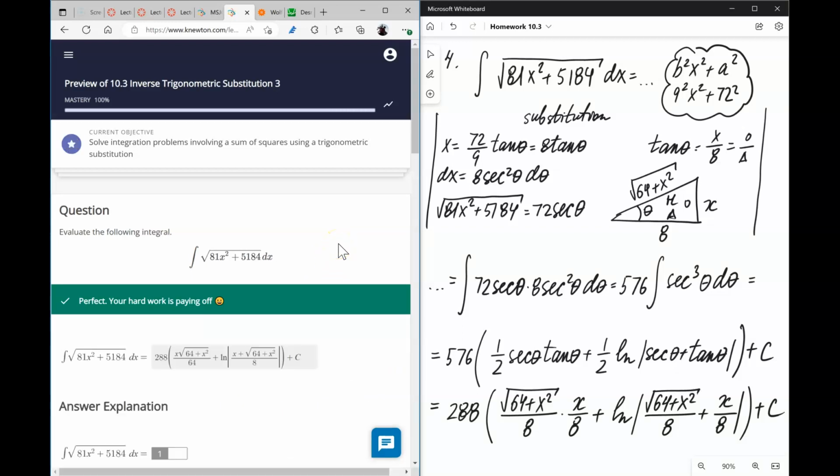And we finished this homework. If you have any questions about how to do this particular inverse trigonometric substitution, please feel free to reach out.